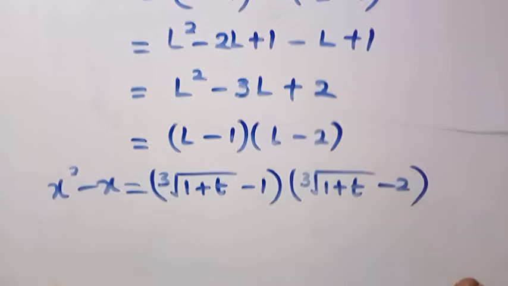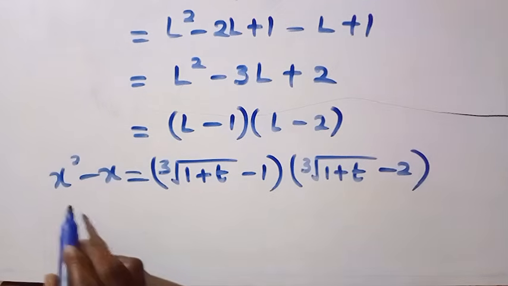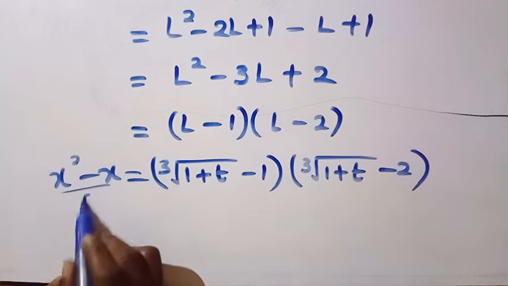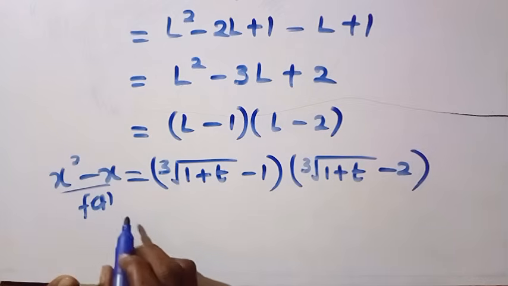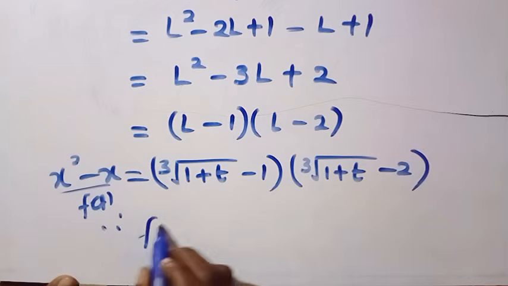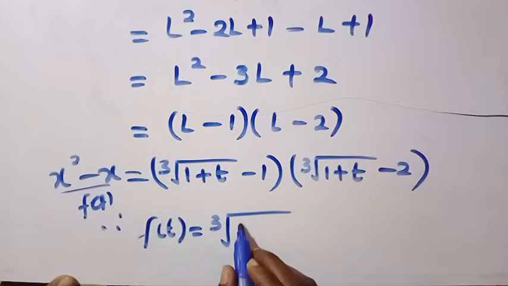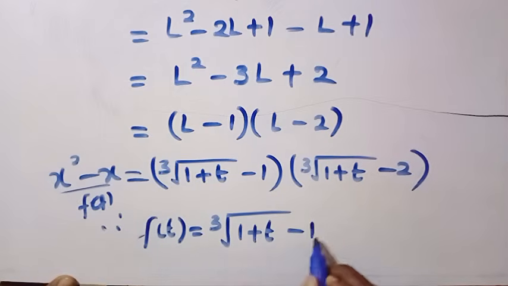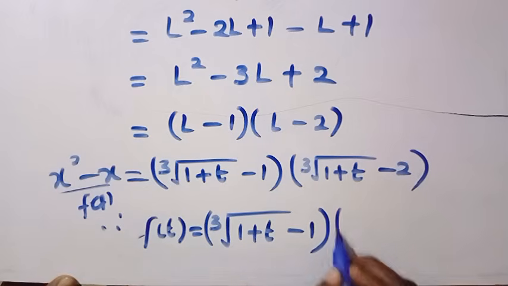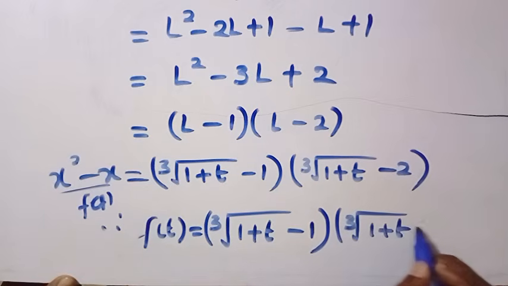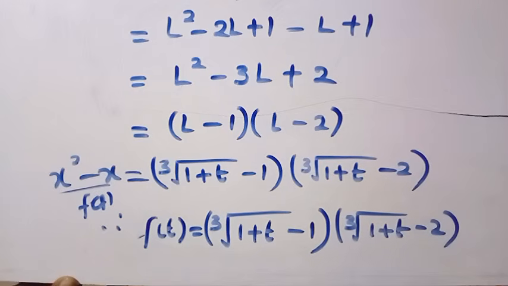Since x squared minus x is f of t, f of t equals (the cube root of 1 plus t minus 1) times (the cube root of 1 plus t minus 2). This is the actual solution for f of t, which we can change to x.